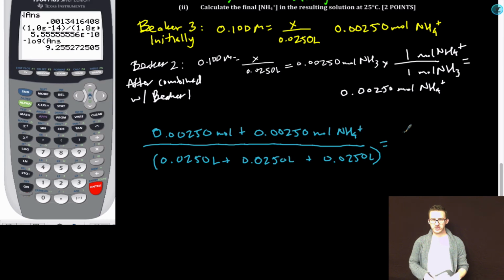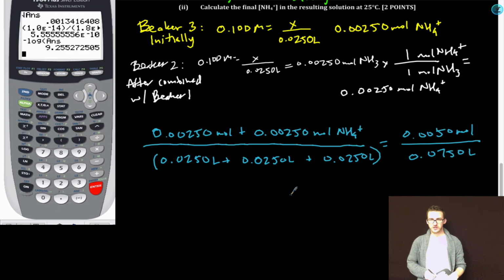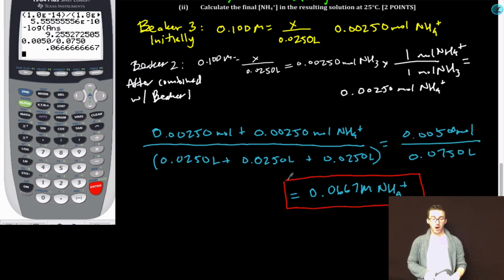I'm a genius, don't even need a calculator. 0.0050 moles over 0.0750 liters, which equals, I'm going to jump to the calculator to make sure I get my zeros right. 0.0050 divided by 0.0750, answer, 0.0667 molar ammonium ion. Boom. Done.